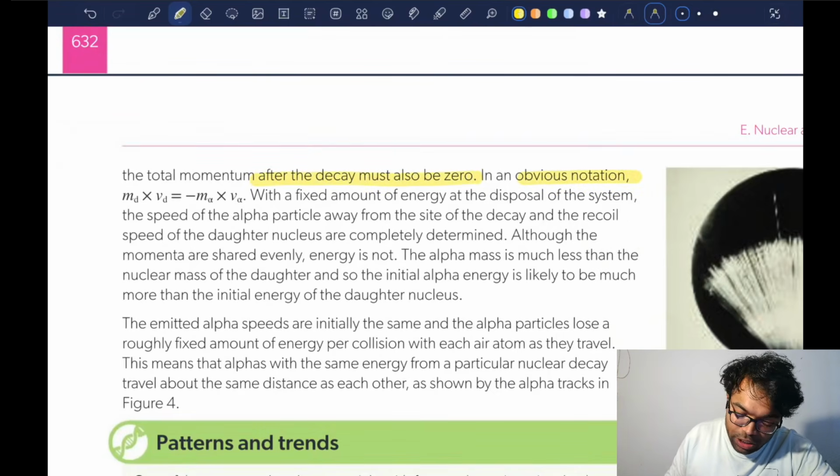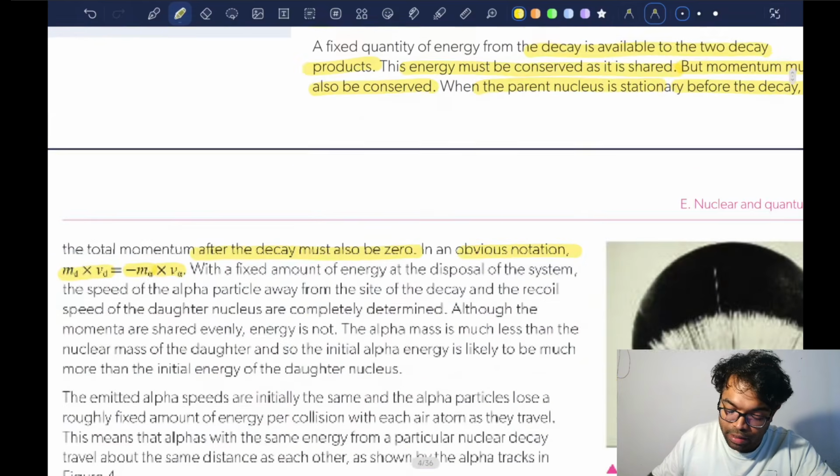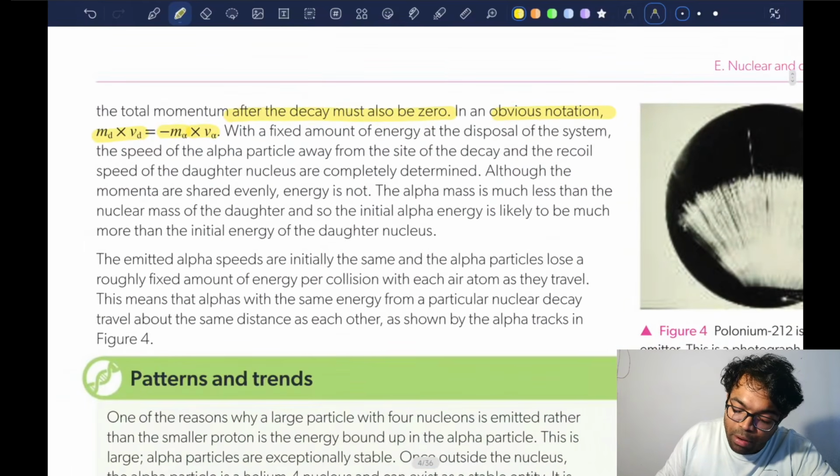In an obvious notation, m_d v_d is equal to minus m_alpha v_alpha. That is, d is the daughter, and alpha is the alpha particle. Now, with a fixed amount of energy at the disposal of the system, the speed of the alpha particle away from the site of the decay and the recoil speed of the daughter nucleus are completely determined.